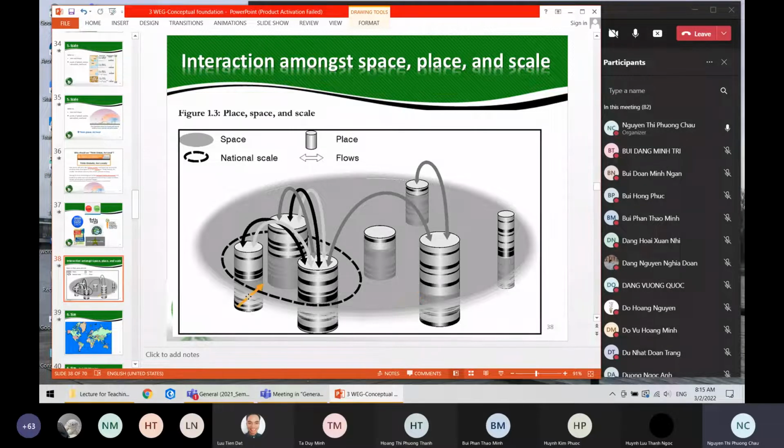Like at the regional scale, the countries within a region have more cooperation together, and for a nation outside the region, it depends on their absolute location and their distance. About space and place, so how big the size of a nation is: like this nation outside the region has a big size.